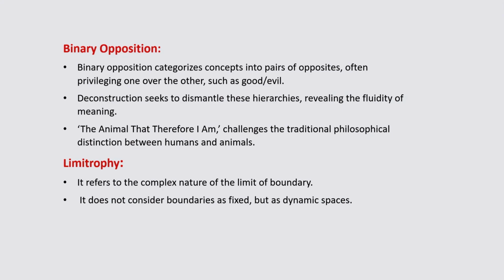Now, proceeding with this term, we have another term, limitrophy. And here we are going to discuss a similar idea: the boundary between the two, that is, when we are talking of binary opposition, we have man/woman.